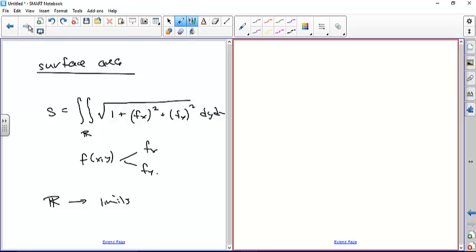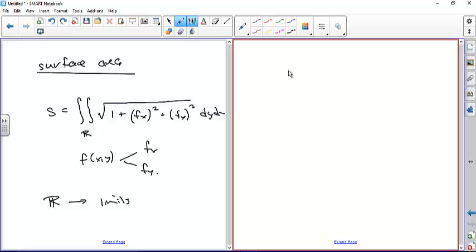Okay, so we got the optimization problem. Got the double integral to find the volume. We've got the polar coordinate transformation. We've got the surface area. And we got one more problem, which is, again, a double integral. So there are no triple integrals on this assignment.